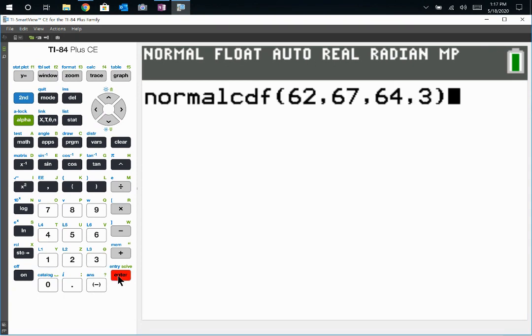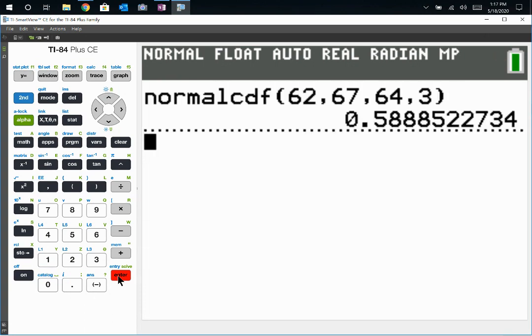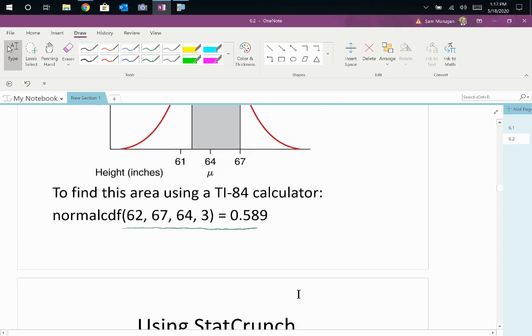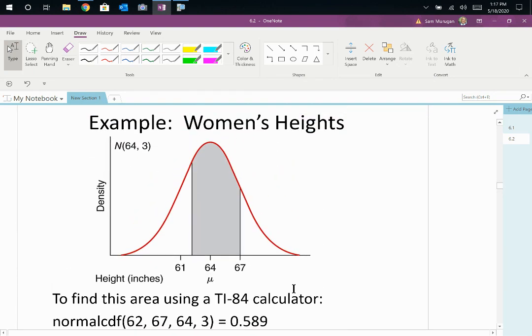Paste it into the format by pressing enter, and you would get your probability is 0.589, or whatever number of decimal places they want you to use.